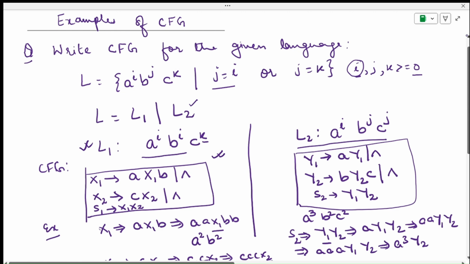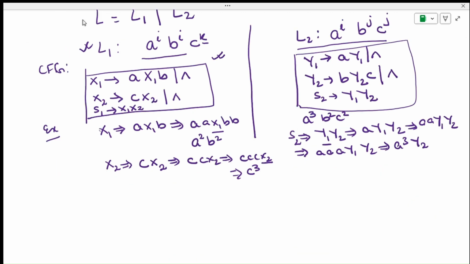For b and c, we need 2 b's followed by 2 c's. So I'll keep calling this: y2 is replaced by b y2 c.